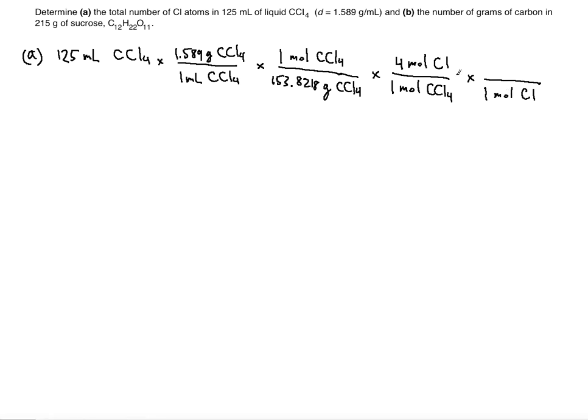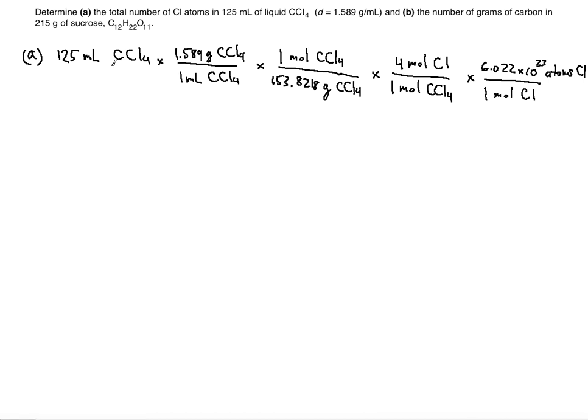I'm sorry, we're not finding the grams, we're finding the atoms of chlorine, right? So in 1 mole of chlorine we will have 6.022 times 10 to the 23rd atoms of chlorine, right? And this is Avogadro's number.